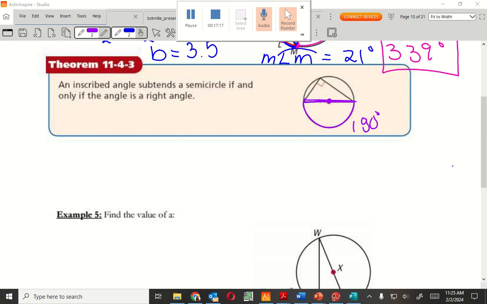By definition, if this is the arc, the inscribed angle that goes with that would be way over here. Half of 180 is 90. That's why this is a right angle. That little box right there implies that that is a right angle.